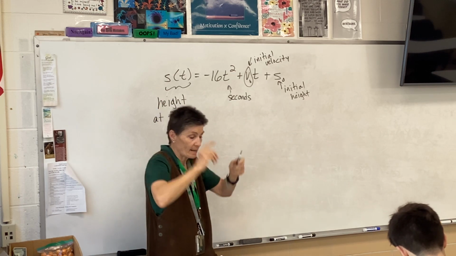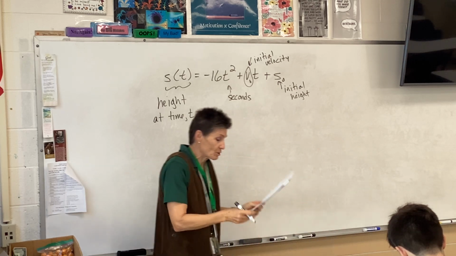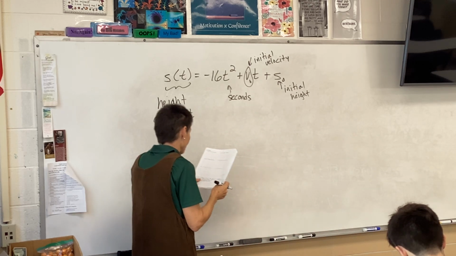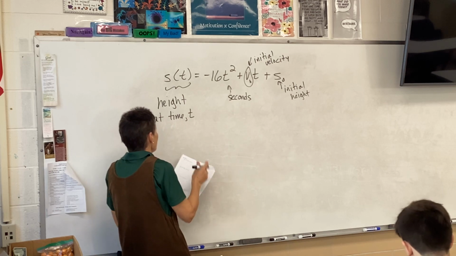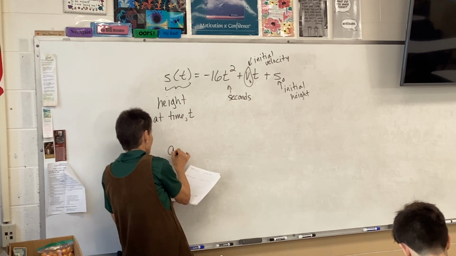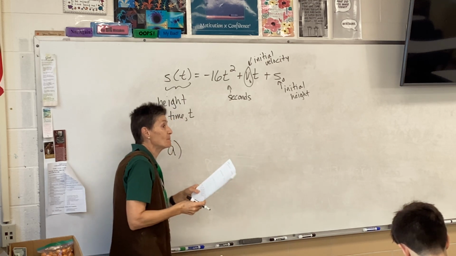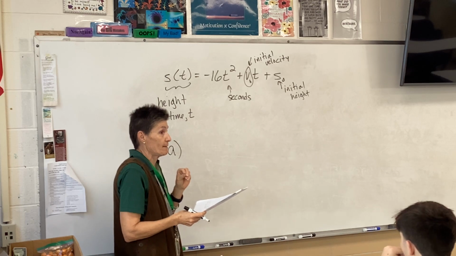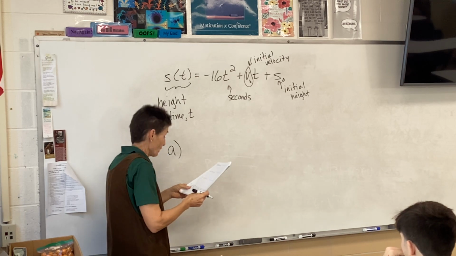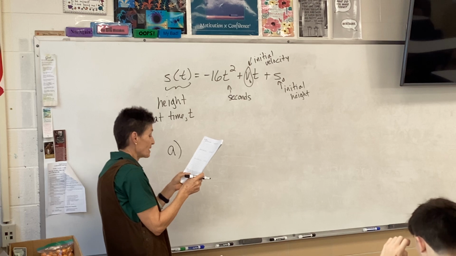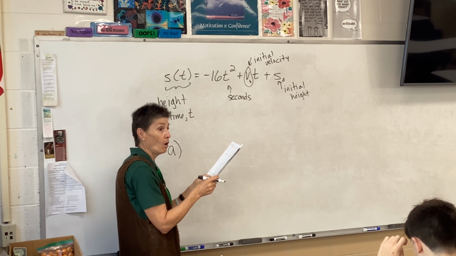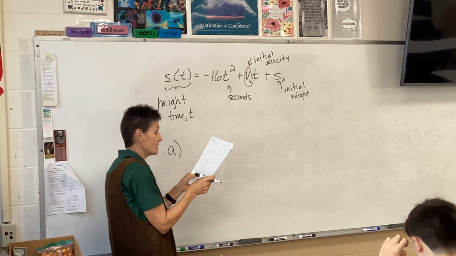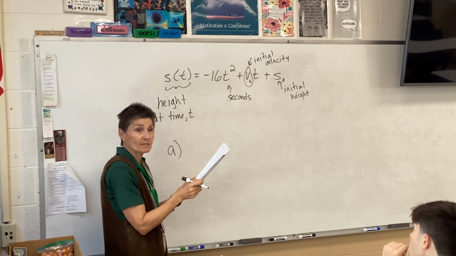Got it? Okay, so what you need to do now is read the problem and come up with the equation that we're going to use specifically for problem 3. Okay? So what does it say? A ball is thrown off the top of a building 12 feet tall with an initial velocity of 18 feet per second.